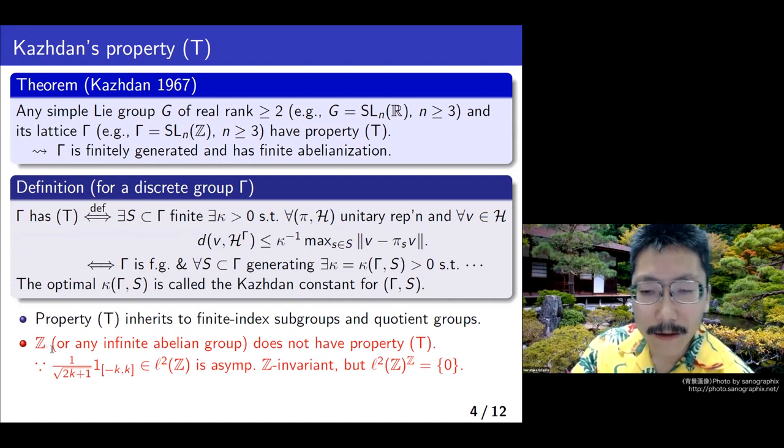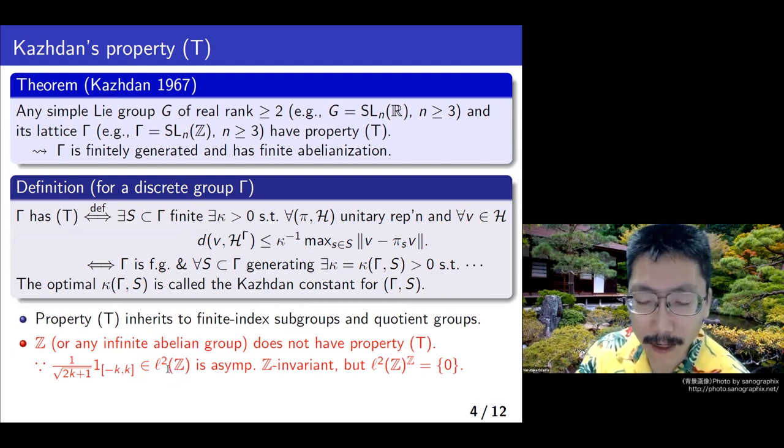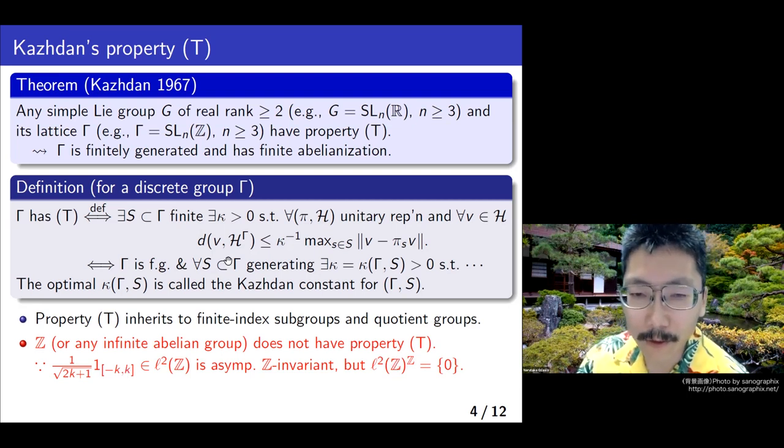And Z does not have property T, nor does any infinite abelian or amenable group, because L2(Z), with Z acting by shift, has almost invariant, asymptotically invariant vectors. For any given S and kappa, there is such an almost invariant vector. But there's no honest invariant vector other than 0, so it cannot be close. The vector v is not close to 0, since it always has norm 1.